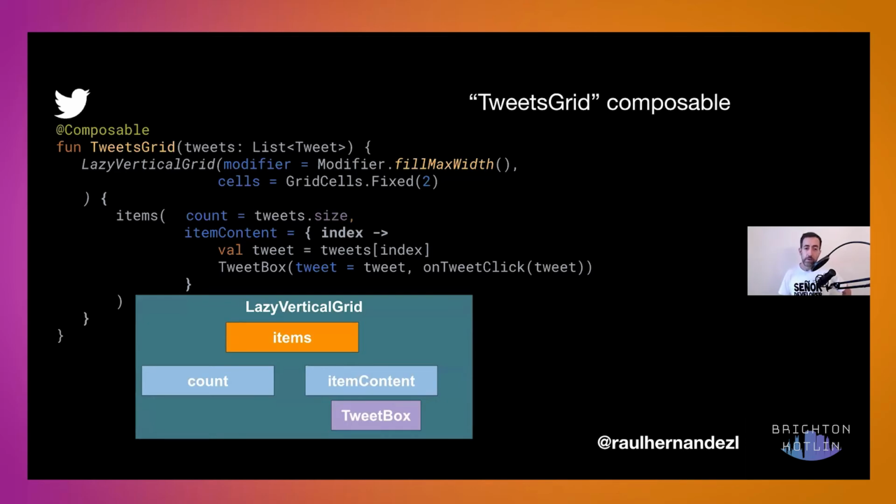The count is going to be the number of items that you can imagine, and the item content with the trailing lambda is going to contain the tweets that we get the index from, and then we'll pass for this particular index that we are using right now, the tweet, and I will start creating the different items for every one of the cells. I created something called Tweetbox, that is a custom declarative UI that contains a tweet, and also onTweetClick.